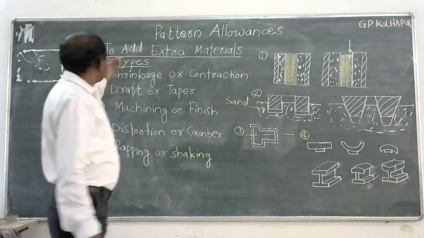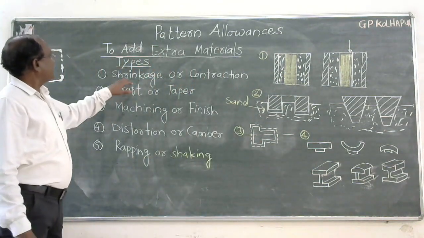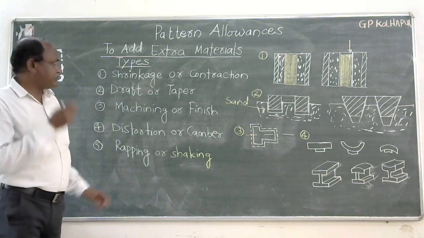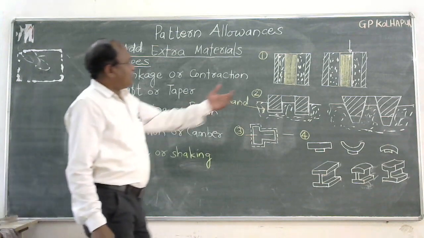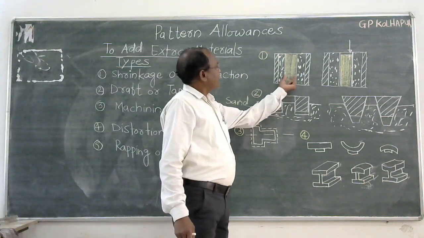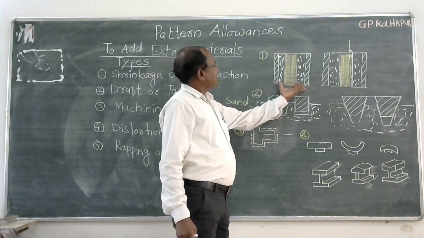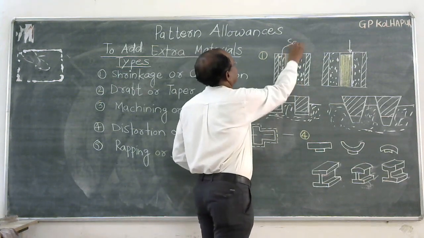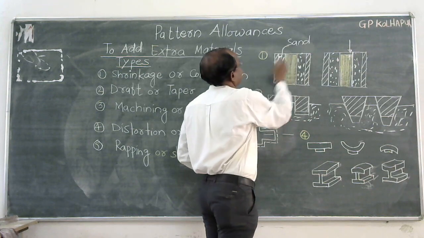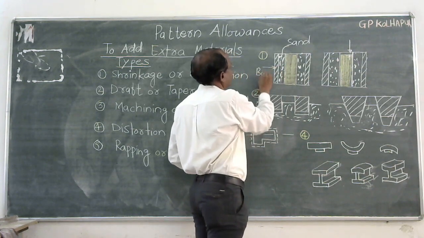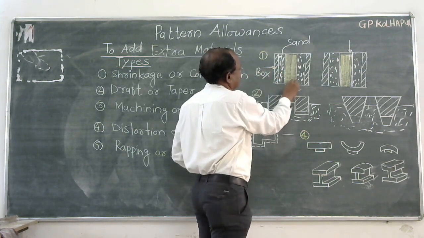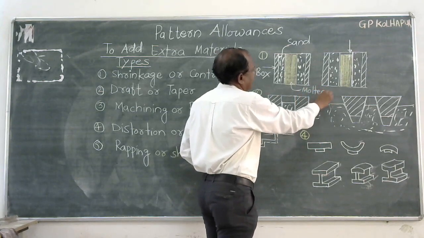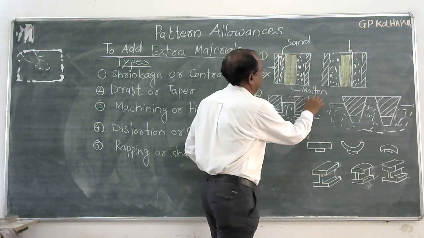Now let us study one by one shrinkage or contraction. Shrinkage or contraction pattern allowance means what? This is the mold cavity. This is the box and this is sand. This is the box and this is the molten metal.